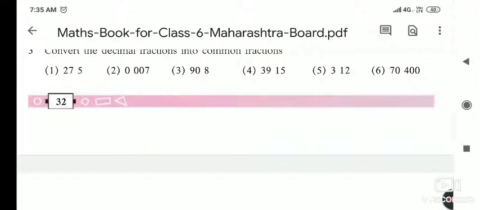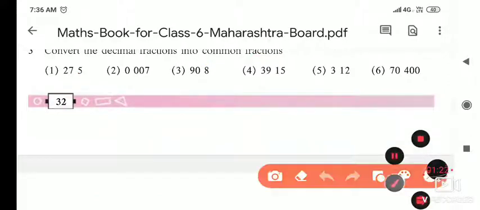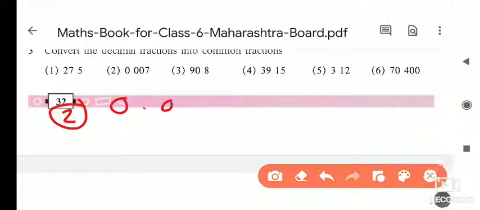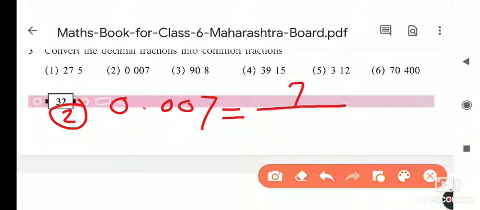In the same way, we solve the next example. The second example is 0.007. So how to do this conversion? First of all, what is the number here? 7 is the number. So first write the 7, then write 1, and after the point, how many decimal digits are there? 1 2 3.